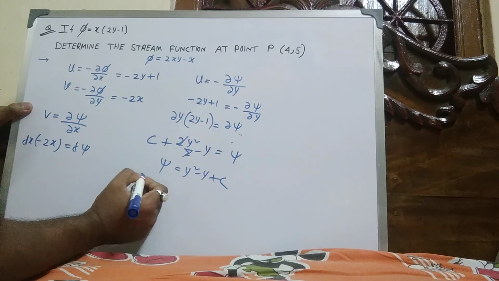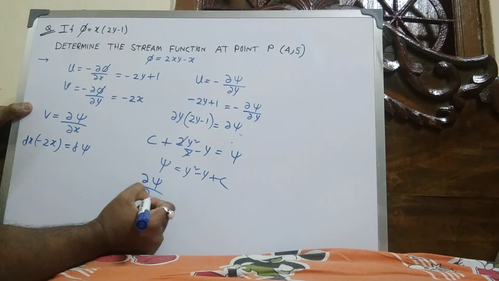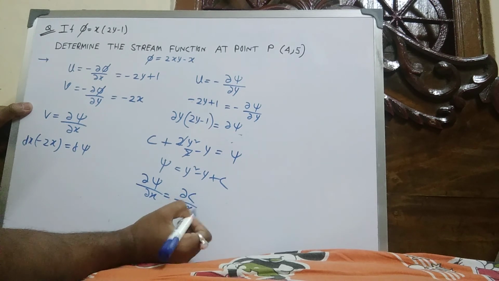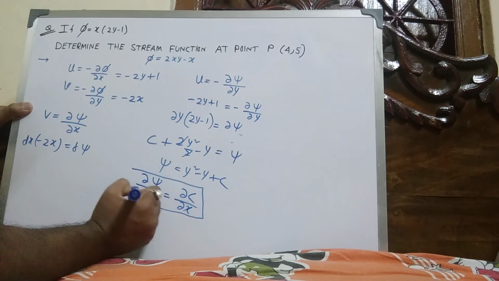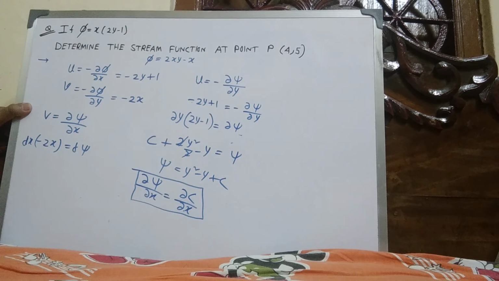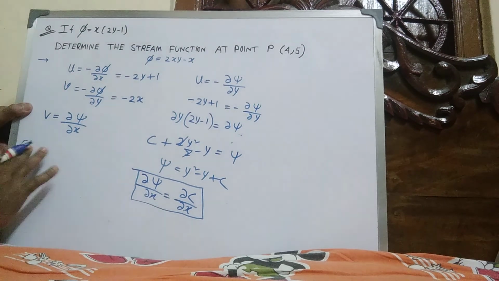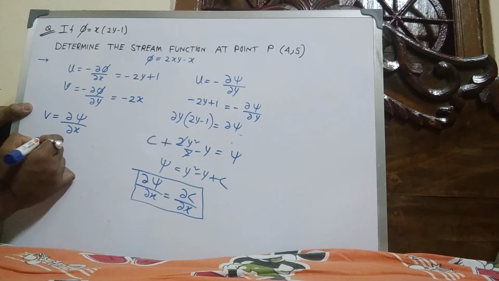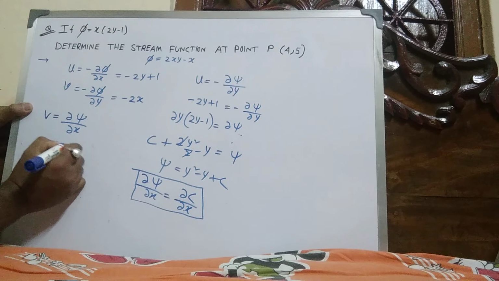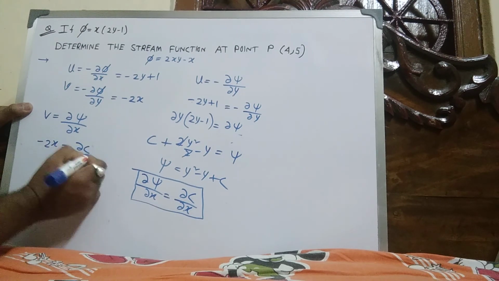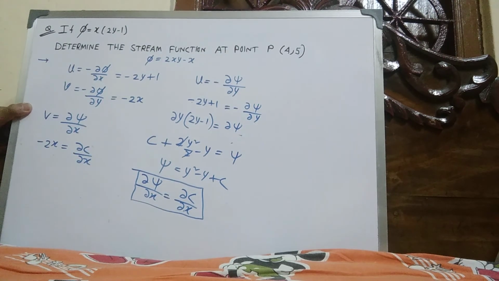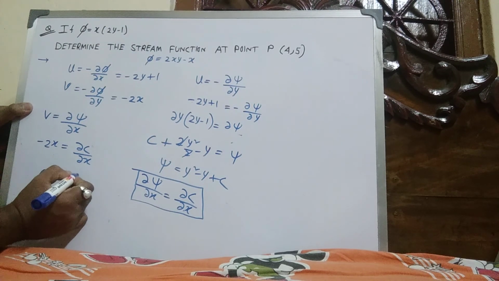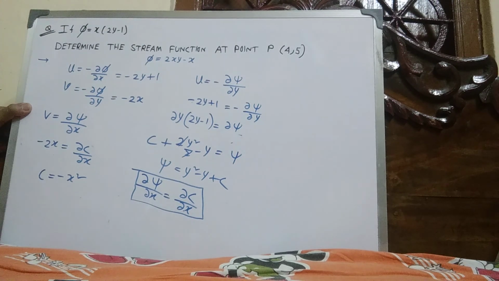Suppose dy by dx equals dc by dx. This is one equation, and putting this in the equation, v value is minus 2x equals delta c by delta x, and integrating both of them, c value is x square.